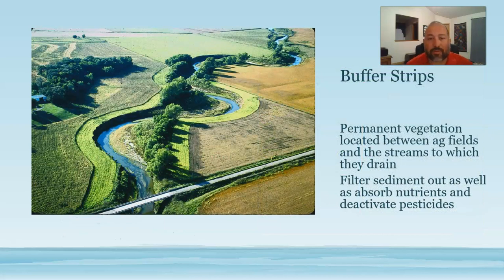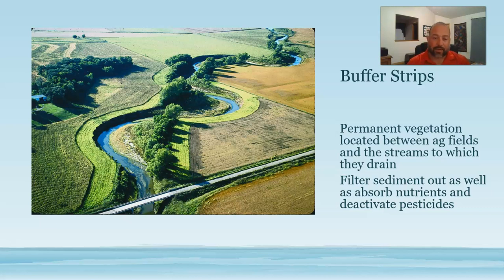Buffer strips. Buffer strips is another way that we can help out. And so buffer strips are permanent vegetation that's going to be located between ag fields and the streams into which they drain. And so these buffer strips are going to filter sediment as well as absorb nutrients and deactivate pesticides. So as pesticides work their way through the system, the buffer strip is going to really deactivate and take out a lot of the harmful parts of the pesticide.